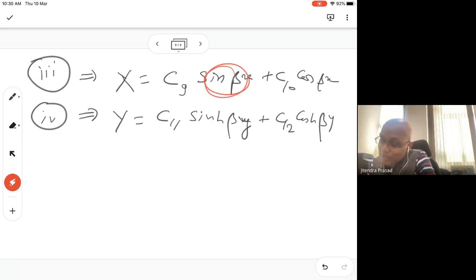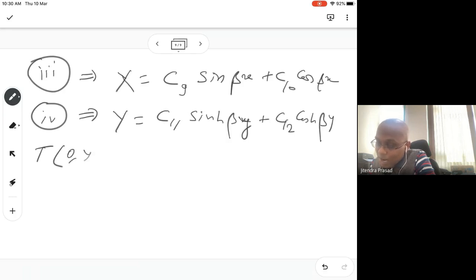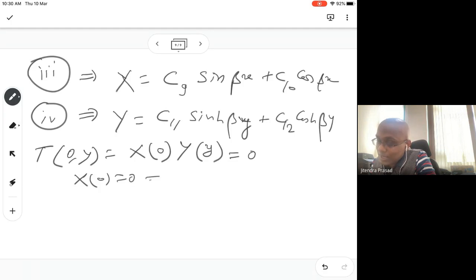Earlier this was hyperbolic, now it becomes sinusoidal, and this becomes now hyperbolic. So this is the solution. Now again we can have, as we did earlier, t 0 y is equal to x 0 y is equal to 0, and hence X 0 equal to 0, right? So you can put that value here.